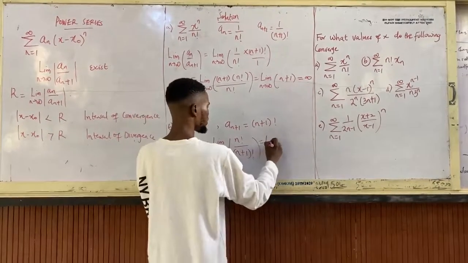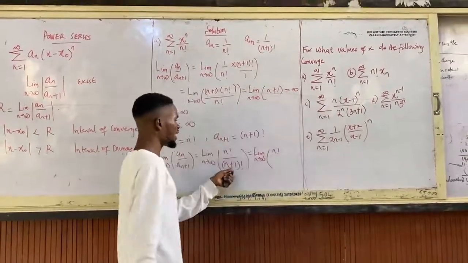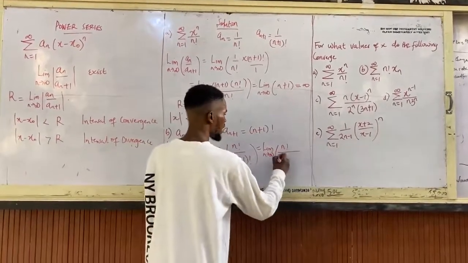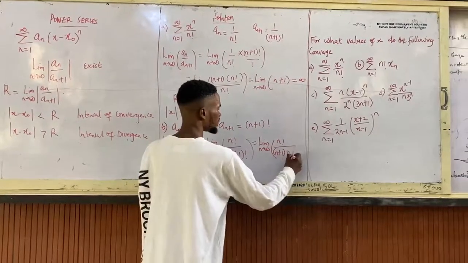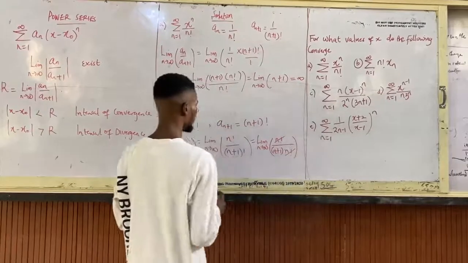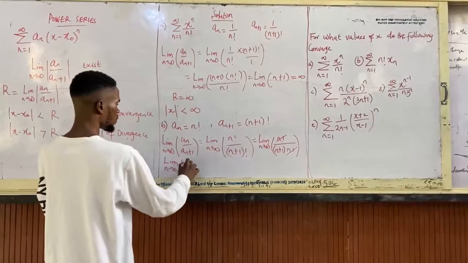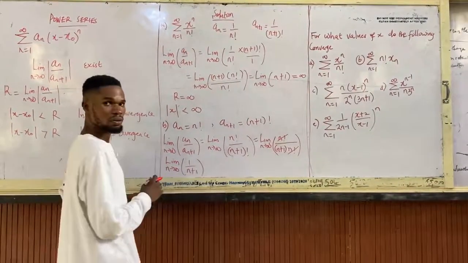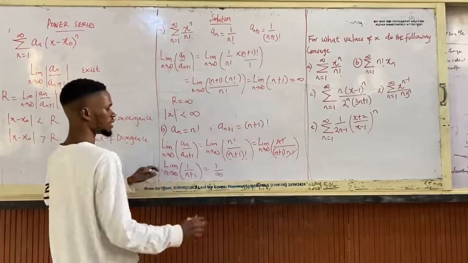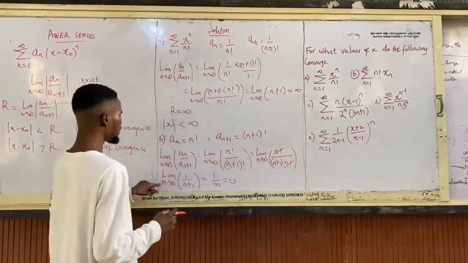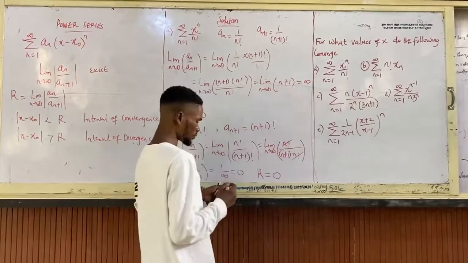Now n plus 1 factorial is the same thing as n plus 1 times n plus 1 minus 1 factorial, that is n factorial. Now this cancels out. So that's the limit as n tends to infinity of 1 over n plus 1, which is 1 over infinity, since infinity plus 1 is infinity as n tends to infinity. The answer is 0. So that means the radius of convergence is equal to 0.